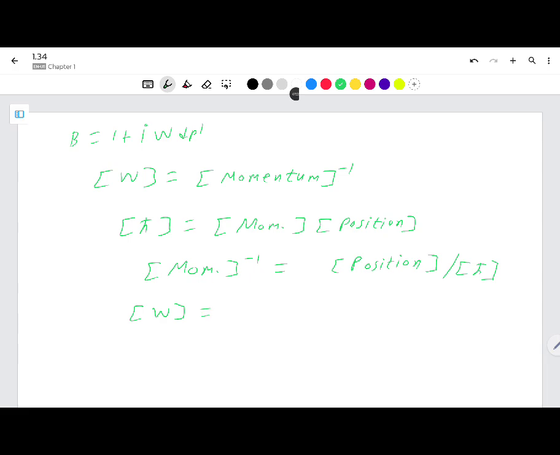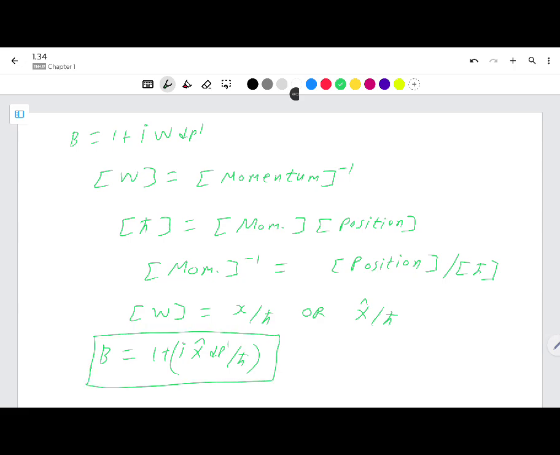So you can say that this is x upon h bar, or in terms of operators, X upon h bar. So you can write B as 1 plus i X dp prime upon h bar. Okay, so this is how we can write B.